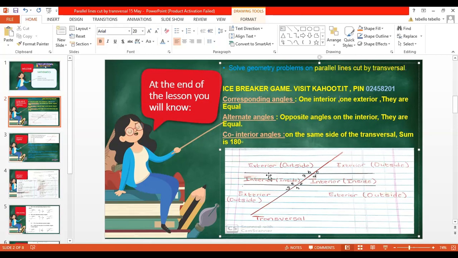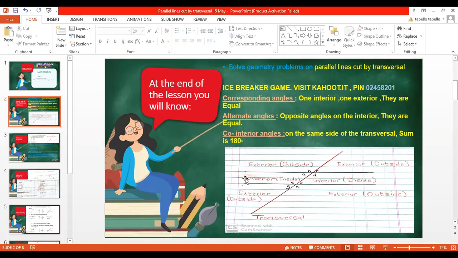On our sketch right here, we have our interior and our exterior. This is our interior, between these two black lines. These two black lines are called our parallel lines, right? And this red one right here is called our transversal.